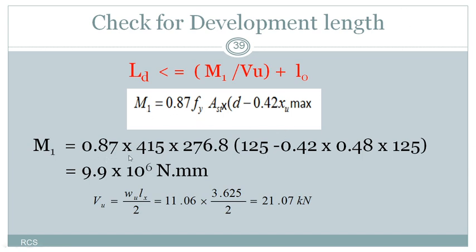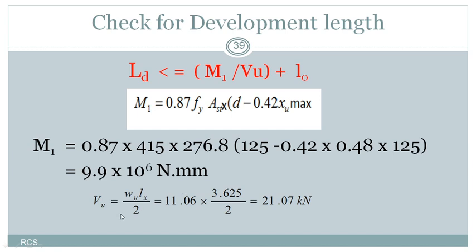So M1 equals 0.87 into 415 into AST, which is 276.8, into small d, 125 minus 0.42 into 0.48 times the effective depth. You know that XU max for Fe415 is 0.48 times the effective depth, so 0.48 into 125. After calculating that, we'll get M1 equal to 9.9 into 10 power 6 Newton mm.